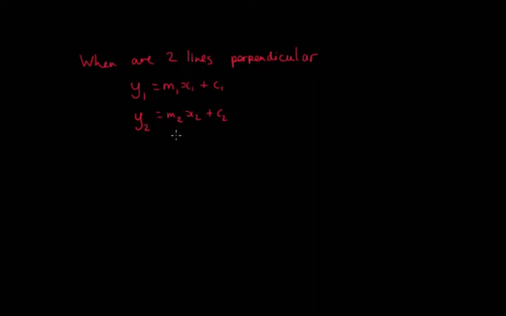If these two lines are perpendicular, if we were to take the gradient of the first line and multiply it by the gradient of the second line, we would get -1. Or we can write that as m1, the gradient of the first line, equals -1 over m2. Just rearranged that formula.